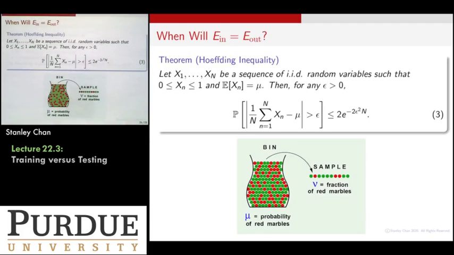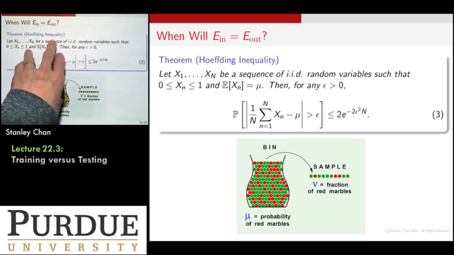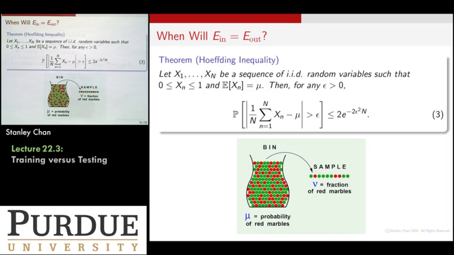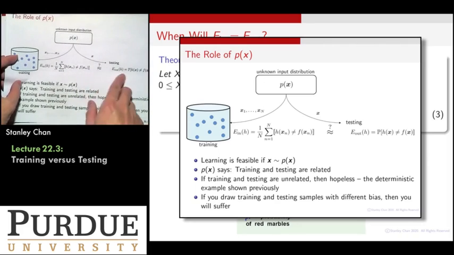To give you a preview of what we are going to do, I want to mention something called the Hoeffding inequality. We will spend another lecture going through the details of these inequalities. This is a very powerful inequality that can help you address the problem we are asking here.